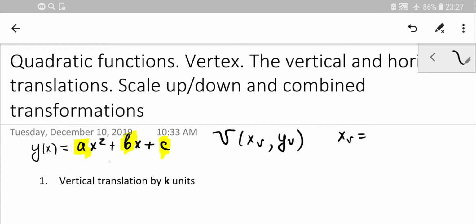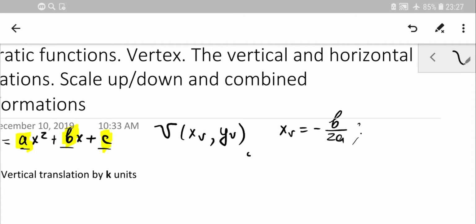You simply use the a, b, and c coefficients. In order to define x vertex, you take negative b and divide it by 2a. Then, in order to find y vertex, you simply put this x vertex in the function in order to define the y vertex coordinate.